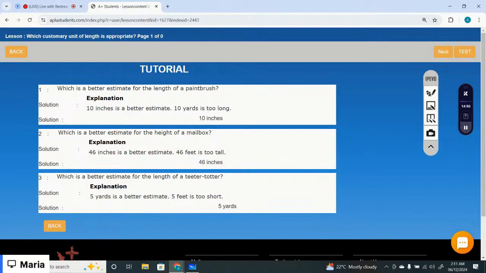So you're given two options, right? They are 10 inches and 10 yards. So you have to see that it is a paintbrush. So which unit is appropriate? That would be 10 inches. Why not 10 yards? Because a yard is a bigger unit used to measure big things, right? So the correct option is 10 inches.